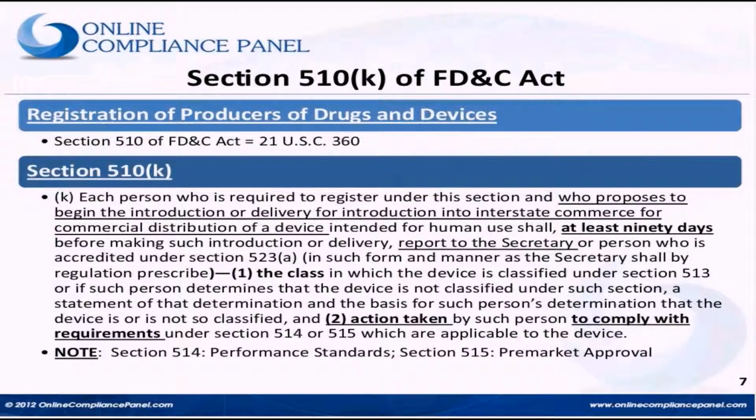So let's look at 510K of the FD&C Act. 510K refers to the section which corresponds to Title 21 United States Code, Section 360.